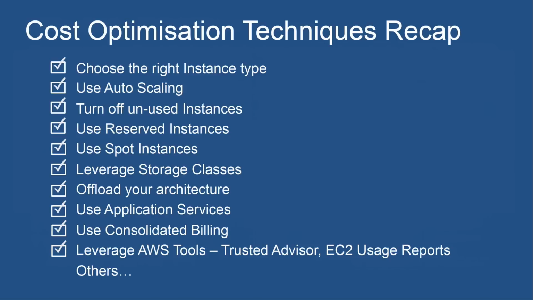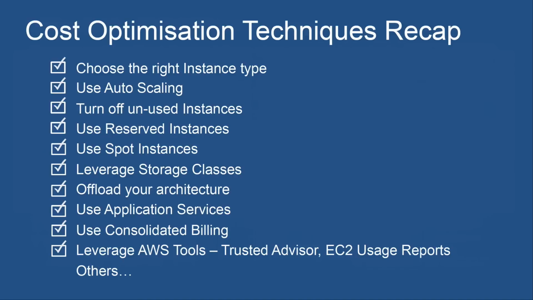Offloading your architecture by reducing the amount of EC2 resources you need, using AWS services like CloudFront, S3, Elasticache, and others. Using application services for similar effect, so you may opt not to build some application components yourself, but rather use AWS services to deliver those: queuing, notifications, and other services.